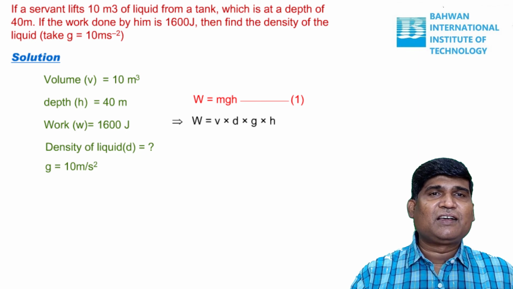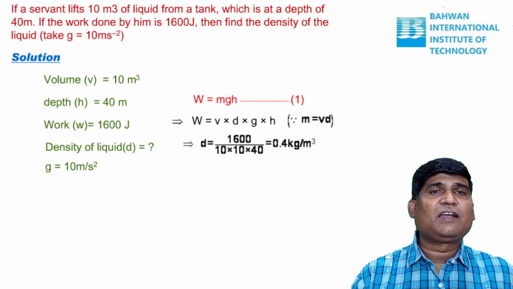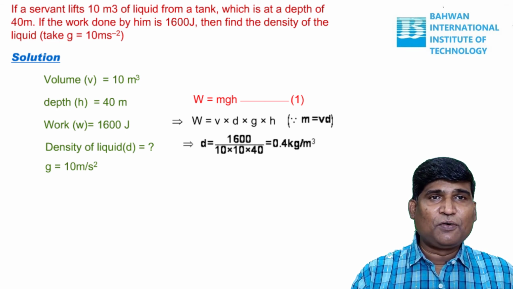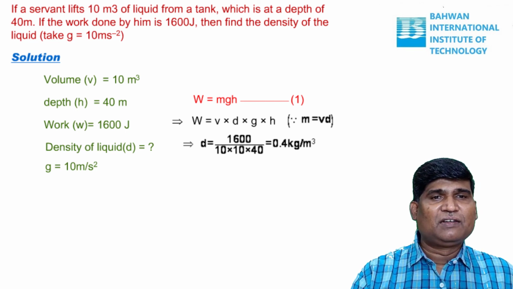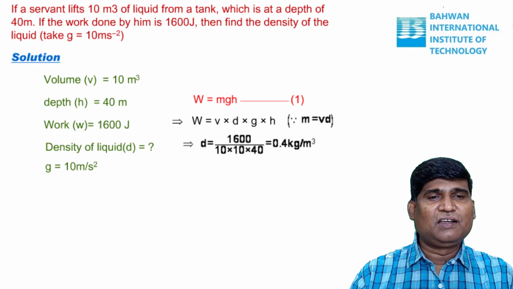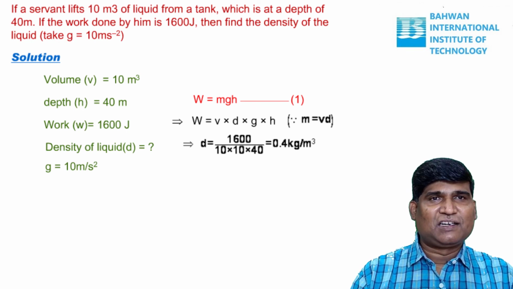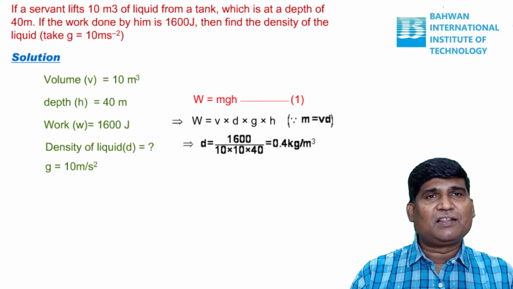Now all the data is with us. So when we substitute this data, we get the density. What is the density? 0.4 kg per meter cube. This is how we can calculate the density of the given liquid. So this is a hybrid question. Here a number of things we mixed, and because of that we got this answer.